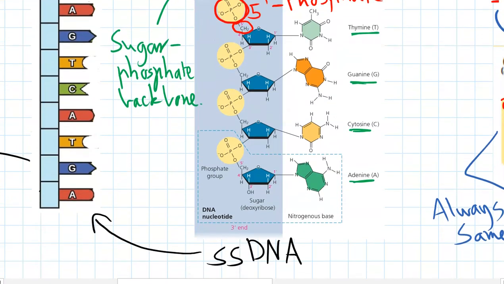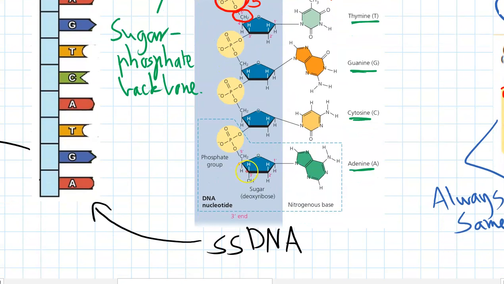And if we look all the way down at the bottom, the sort of exposed part of the molecule is the 3' end of the sugar. So we call this the 3' end of the strand.